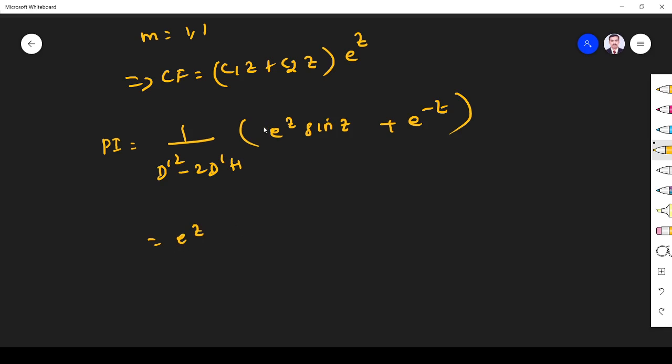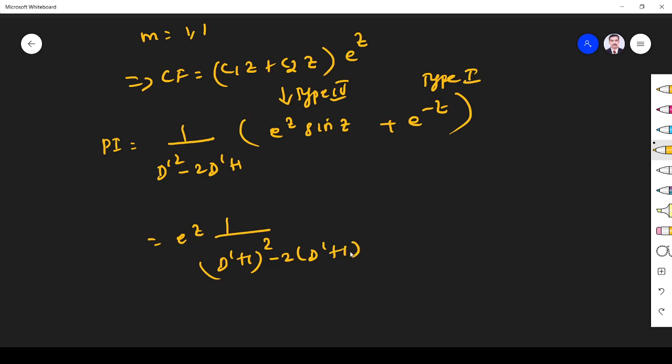So e power z, it is type 4. And this is type 1. Right? So 1 by (D dash plus 1) whole squared minus 2 (D dash plus 1) plus 1 sine z, plus 1 by D dash squared minus 2D dash plus 1 e power minus z.